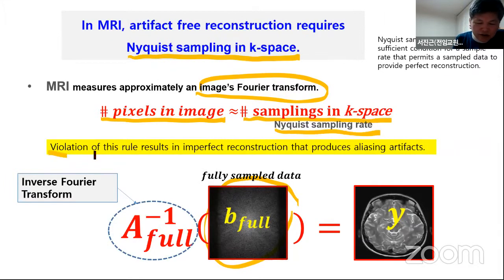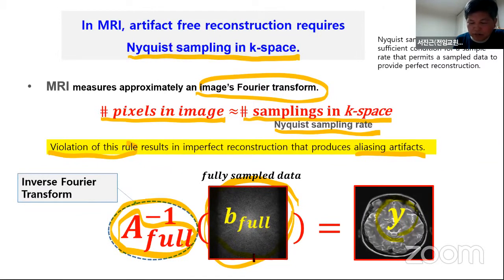A violation of Nyquist sampling results in imperfect reconstruction that produces aliasing artifacts. You need full sampling, and A_full is the Fourier transform. Taking the inverse Fourier transform of the fully sampled data gives the correct image. That's the classical MRI.